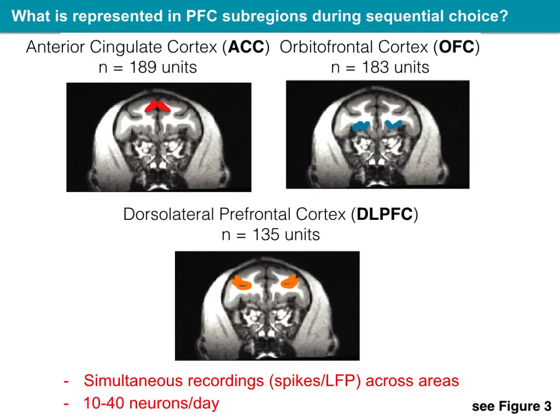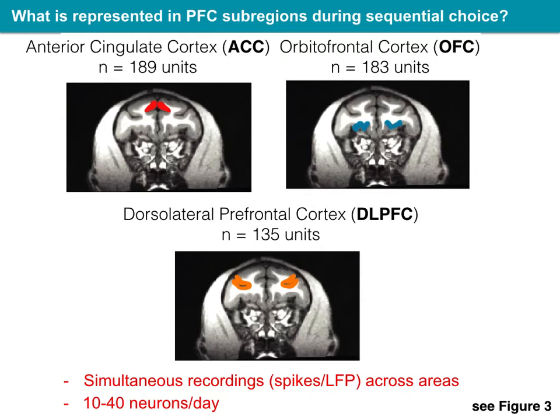So what we did in the study was to record from 2 macaque monkeys, and we positioned our recording chambers so that we could have access to all 3 of the regions that are shown on this slide. So the dorsal bank of the anterior cingulate sulcus, which is shown in red, area 13 of the orbitofrontal cortex, which is shown in blue, and the principal sulcus in the dorsolateral prefrontal cortex, which is shown in orange.